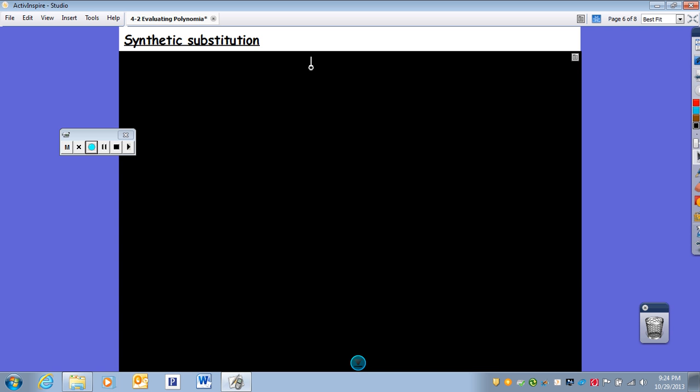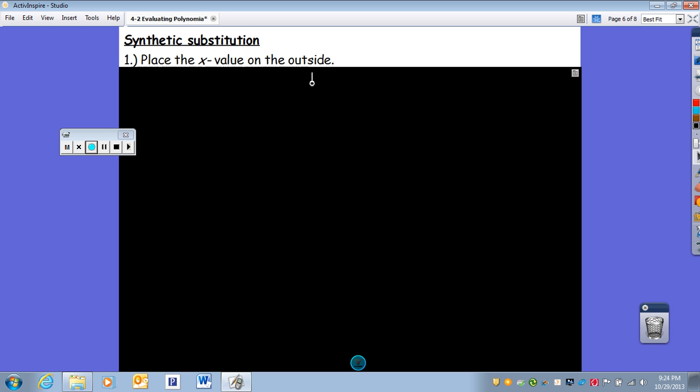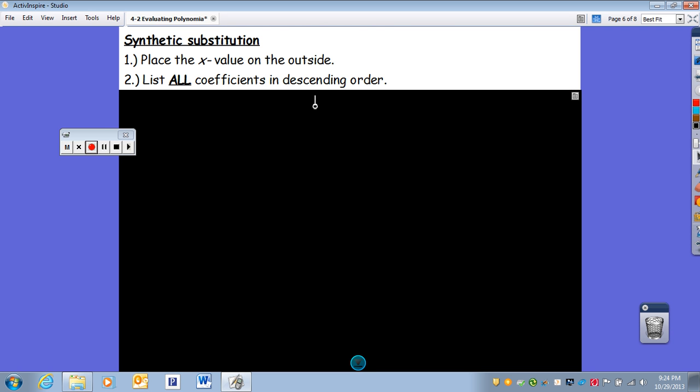Here are the steps for doing synthetic substitution. First, we're going to place the x value on the outside of a box that we're going to create. Then we're going to list all of our coefficients of our function in descending order.